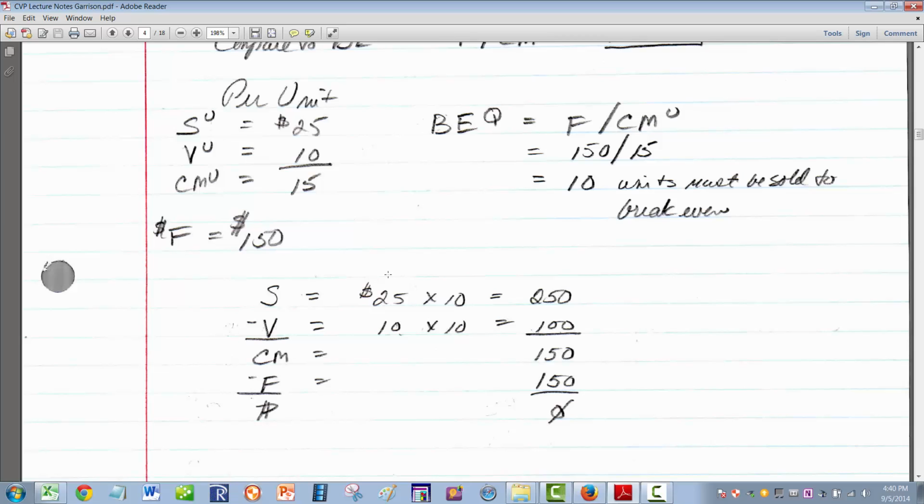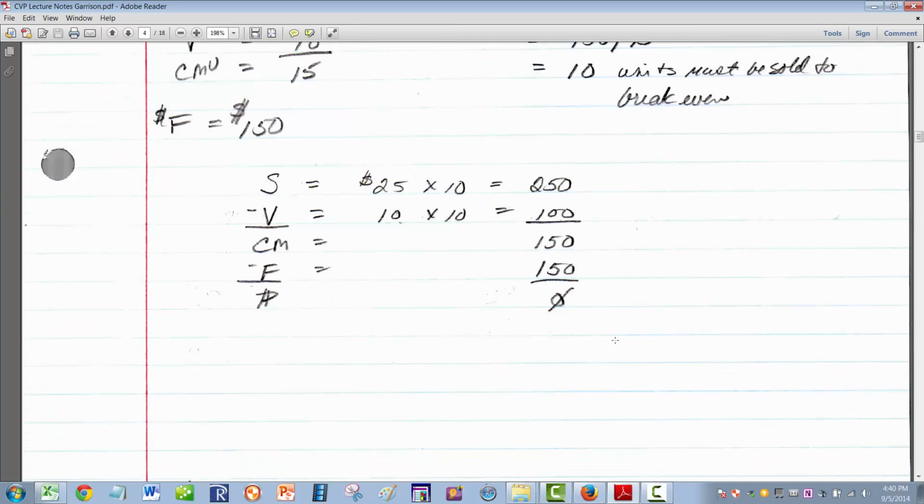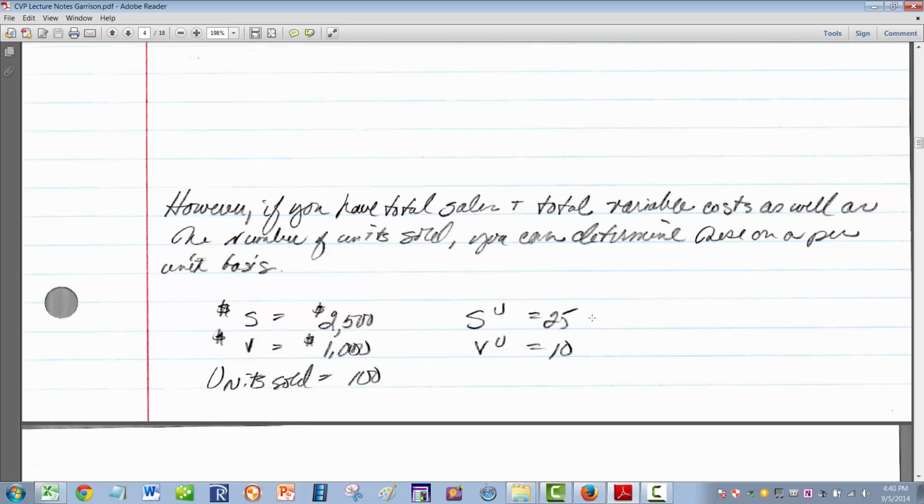Well, $25 is what we sell them for. We need to sell 10 of them, so 25 times 10 is $250. Variable costs are $10 per unit times the quantity we're selling to break even, 10, so $100. $150 in contribution margin, fixed expenses $150, so we break even.